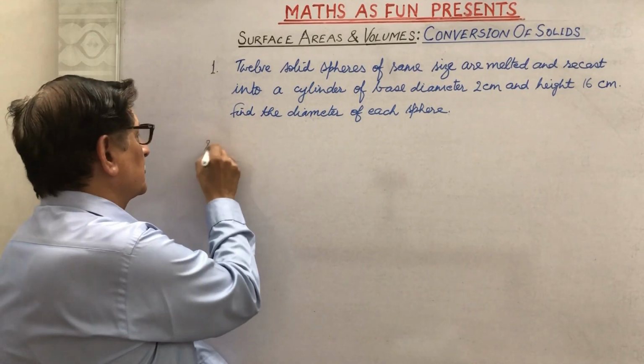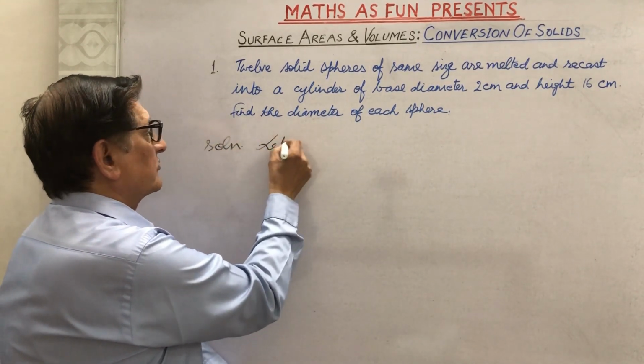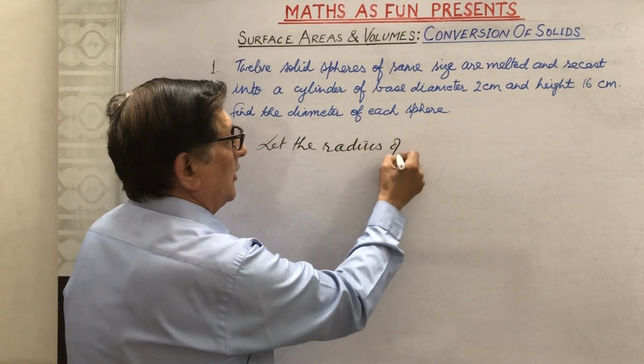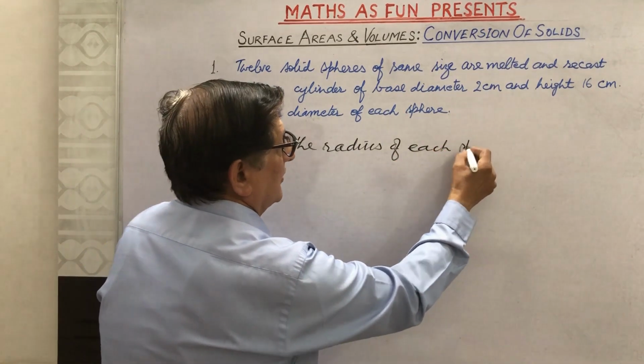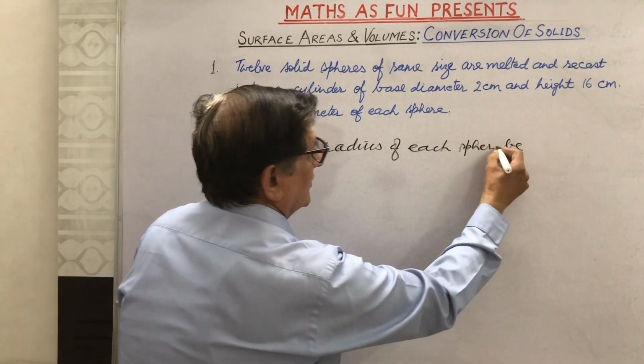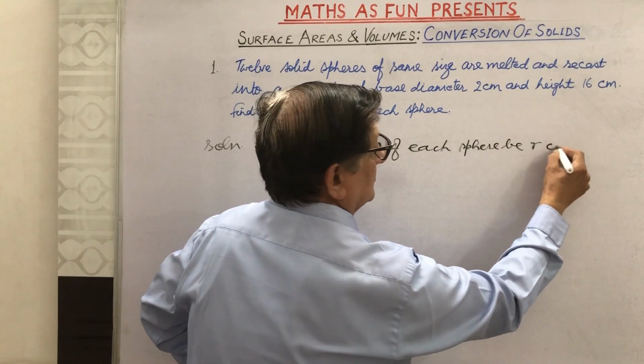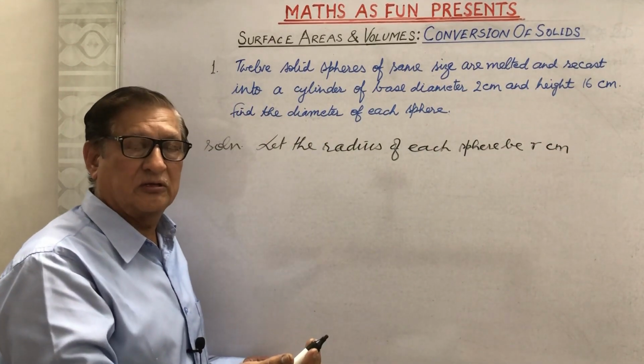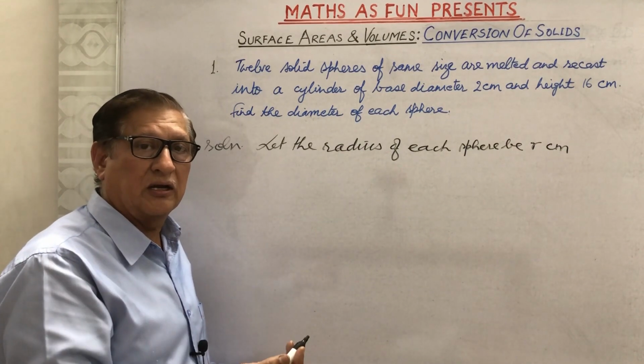So we write here for the solution, let the radius of each sphere be r centimeter. Then what is the volume? We know the volume of a sphere is 4 by 3 pi r cube.